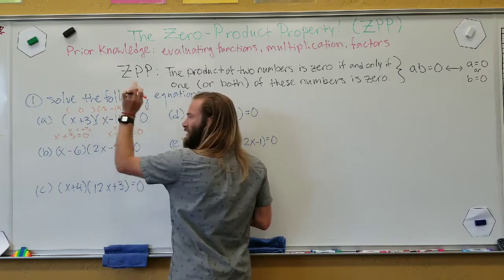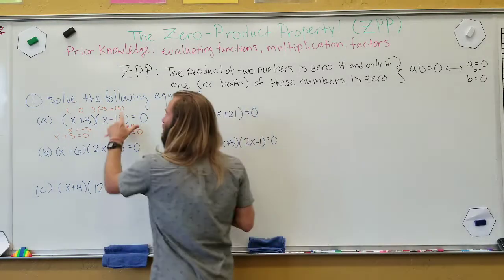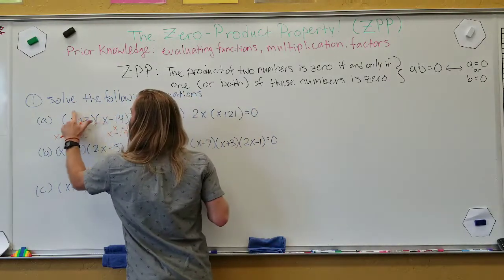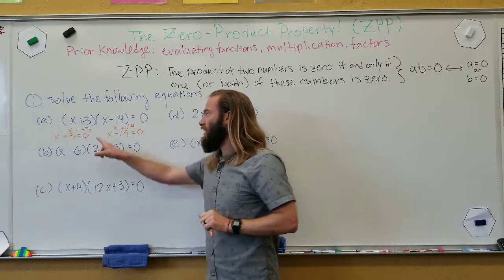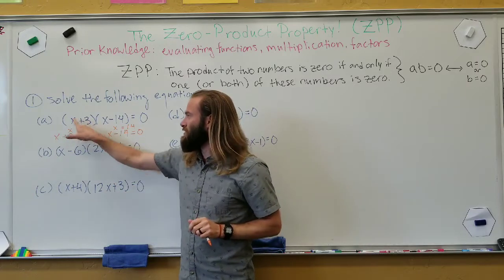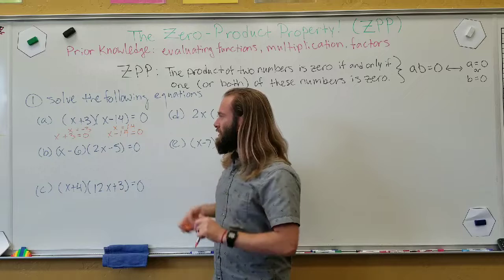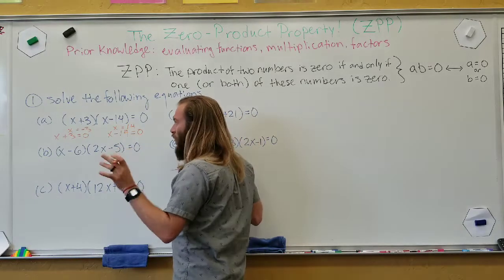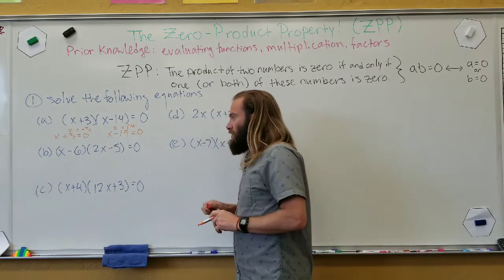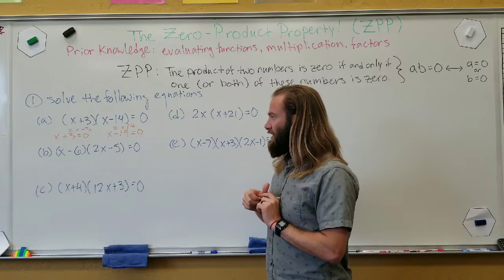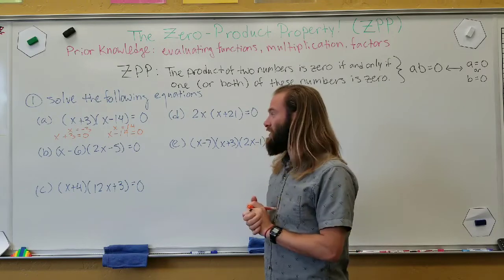And 0 times whatever is just always 0, right? So it's this idea of kind of working one of those backwards to figure out what number goes here to be, it's usually the opposite, but we're going to see something in part B that makes it so it's not always that, okay?